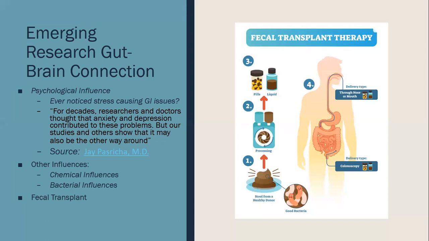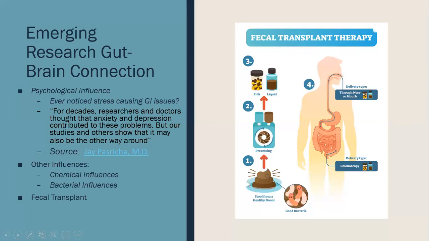And something interesting in terms of our bacterial influences, if you've ever heard of C. diff or C. difficile, it's a bacterial overgrowth where we have a bacteria developing within the intestinal pathway that shouldn't be there in the volumes that it's found within.